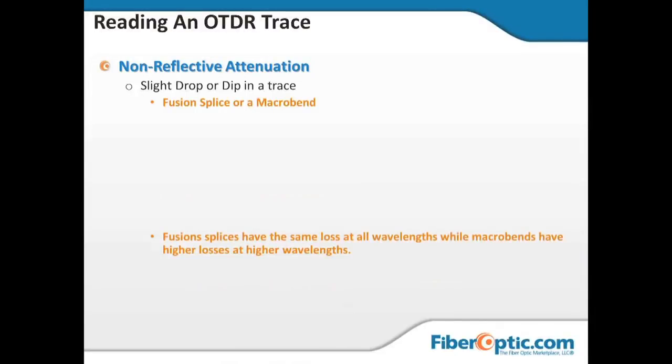I have seen traces where 1310 went straight through. 1550 showed me some loss at a location, and then 1625 just fell off into noise. 1625 is very susceptible to bending.